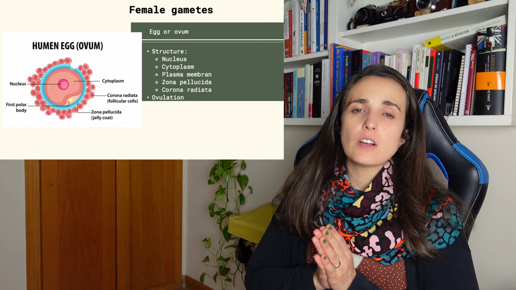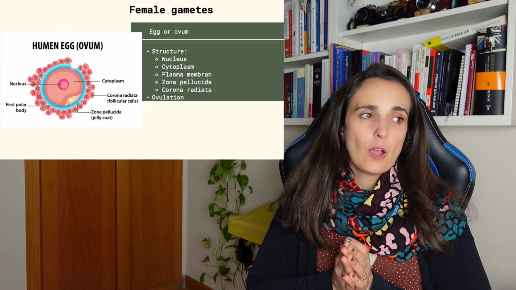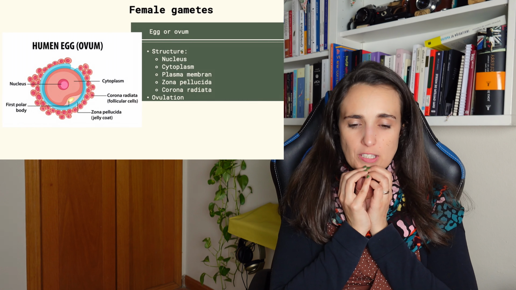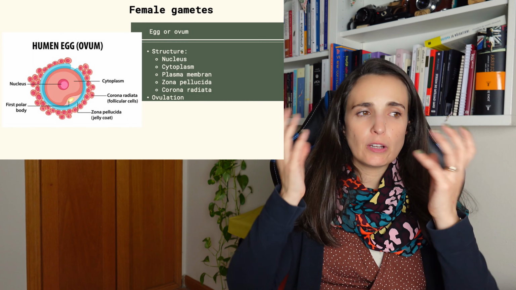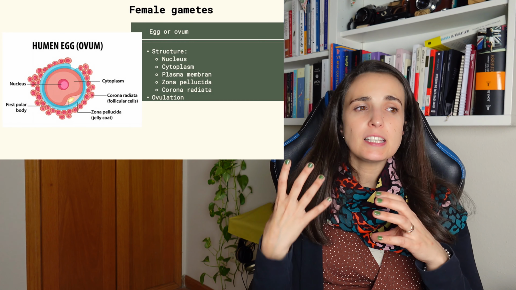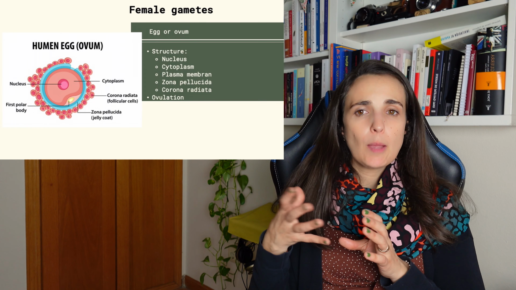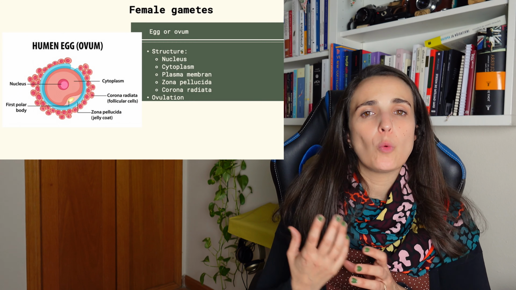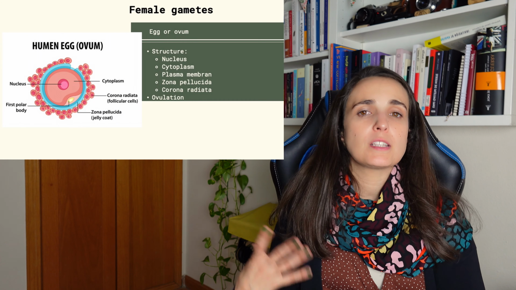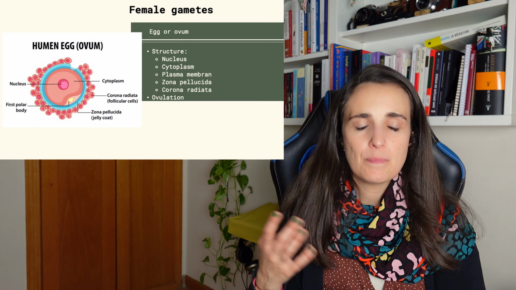The structure of the ovule is really interesting. We have the nucleus, which sometimes is called germination vesicle as well, surrounded by the cytoplasm. The cytoplasm will also receive the name of vitellum, because it's like nutritive substance that the embryo will use in the first steps of division, okay, during the embryonic development.